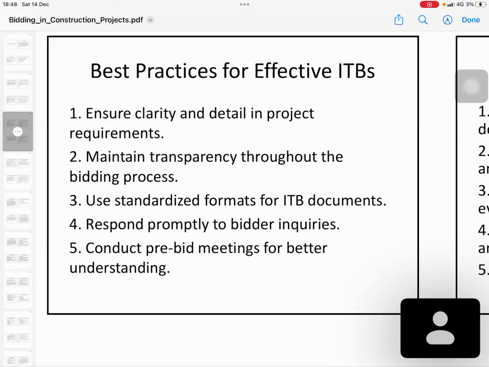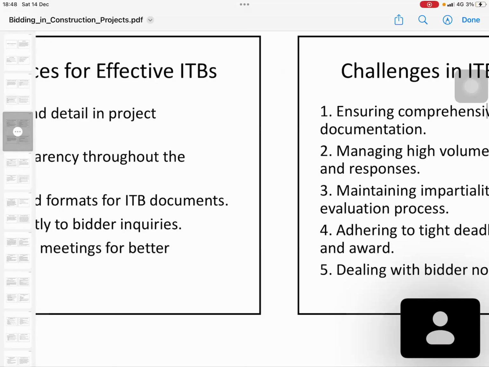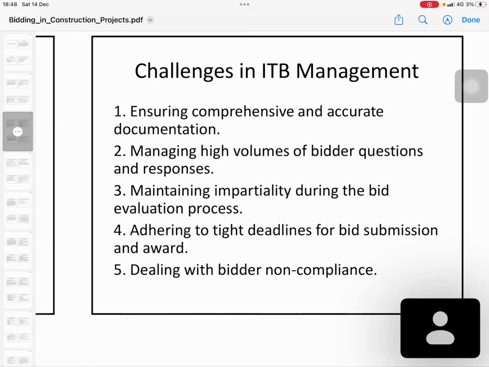Also conduct the pre-bid meeting for better understanding, and you have to circulate all the other bidders' inquiries. That is another thing: in the pre-bid meeting, not before the tendering, you have to circulate the inquiries as well.